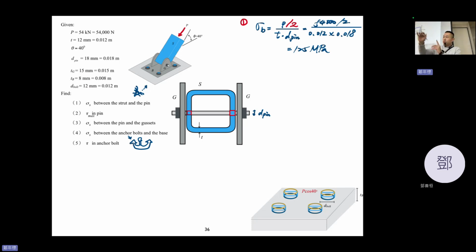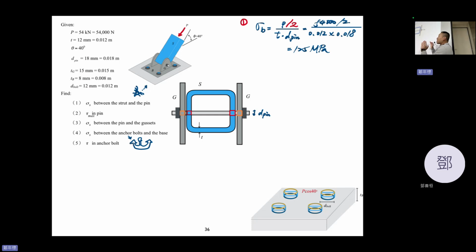However, if this pin stops the strut, the pin should go to you, right? Which thing stops it? Of course, the gusset.